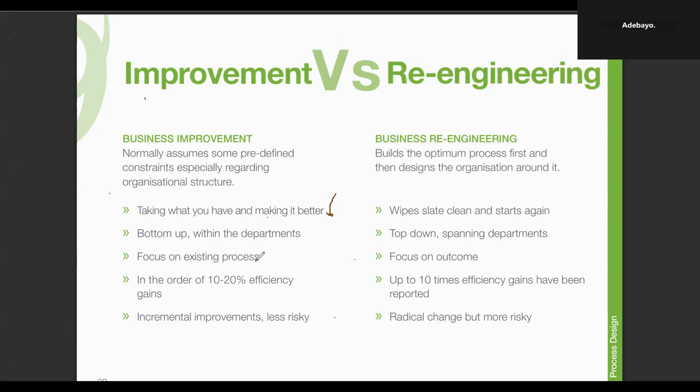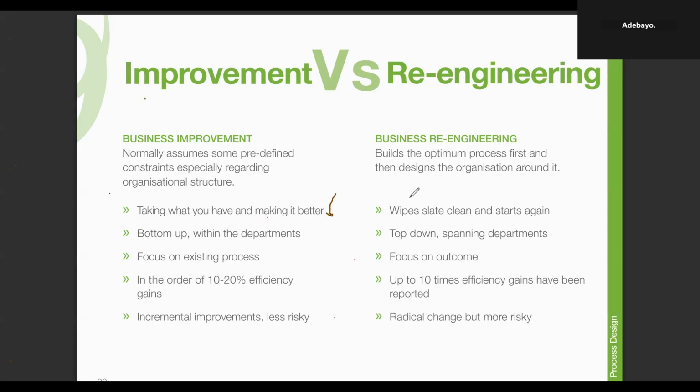We'll take what we have, make it better, tweak some things, remove redundancy, remove bottlenecks. Redundancy are those steps that are not needed and not adding value to the overall process. Someone is just moving documents from one table to another. Why can't we cut that person off? Why don't we send the email directly to the person that needs it? So all those things, we are going to review and improve.